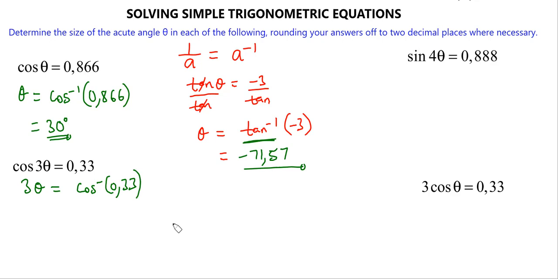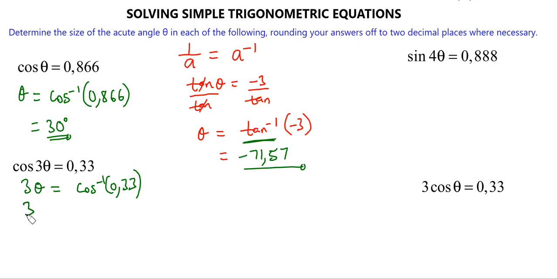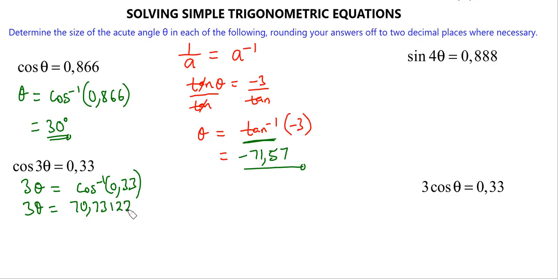We come this side and say shift cos, in brackets 0.33, and we get 70.73. So our 3 theta is equal to 70.73, and we can just say 70.7 to two decimals.